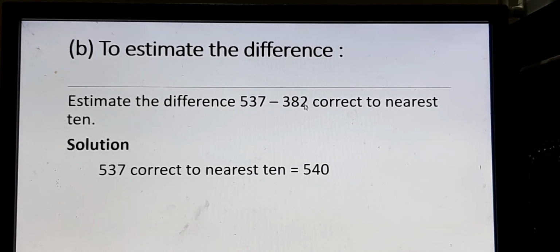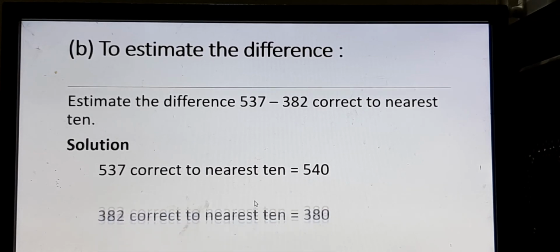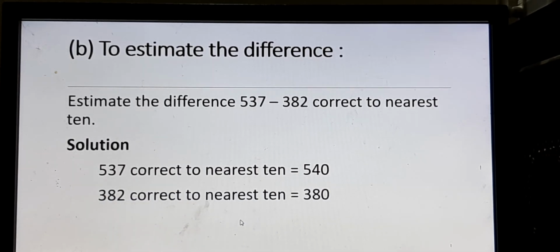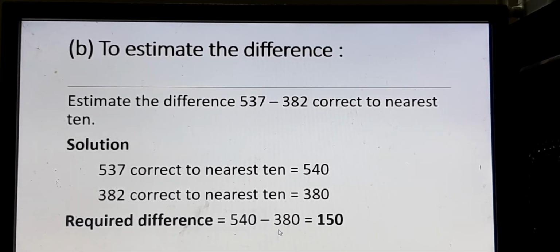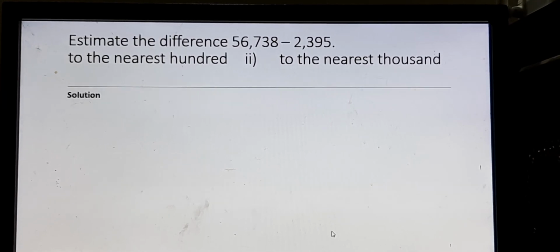So it will just go, say bye bye. So we get 380. Now we have to find the difference. Difference means we have to subtract, minus. Okay. So 540 minus 380. So how much you get? 150. Isn't that very simple?